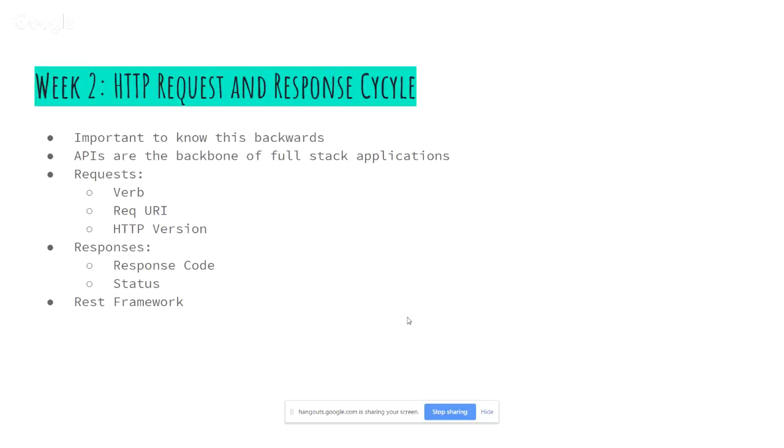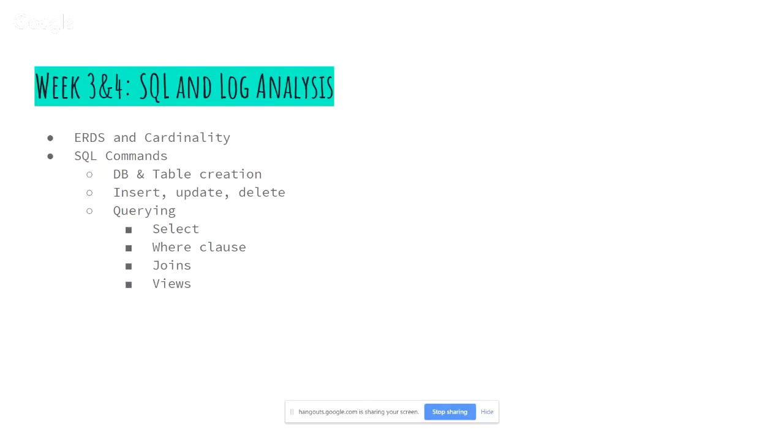Okay, so after that, we had week 3, which was SQL, and then week 4 was the SQL project. We went through entity relationship diagrams, which are the kind of bedrock of how you begin an application.